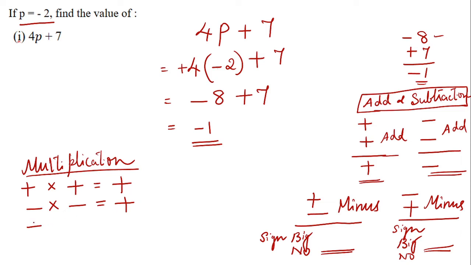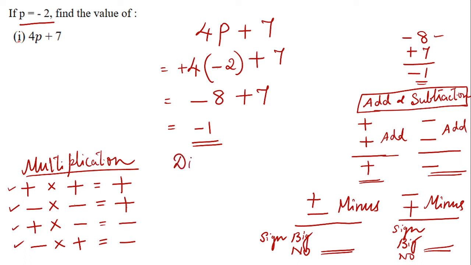If it is different signs, plus into minus, then it will be minus. Minus into plus will also be minus. In multiplication, if there are same signs, then you will write the plus sign. If it is different signs, then it will be minus.